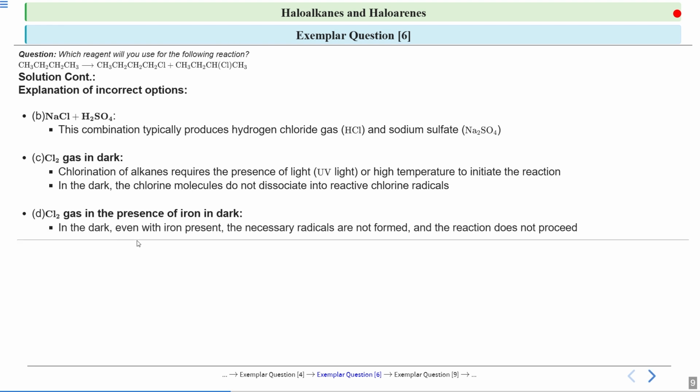Because in the dark, even if iron is present as another catalyst, the necessary radicals will not form and the reaction will not proceed. So we don't need this dark condition. We need UV light, the presence of light or high temperature, for the reaction to proceed. So that's why your correct answer is option A, that is chlorine gas along with the presence of UV light.